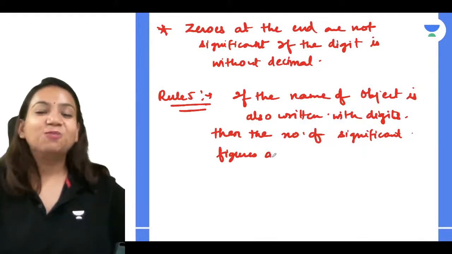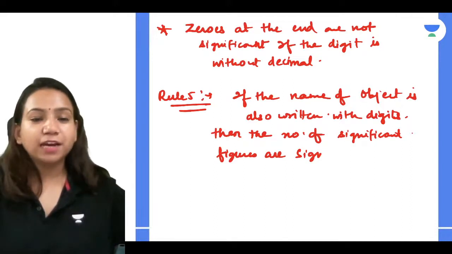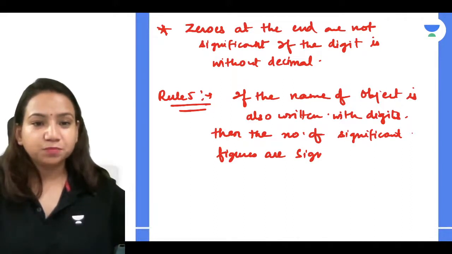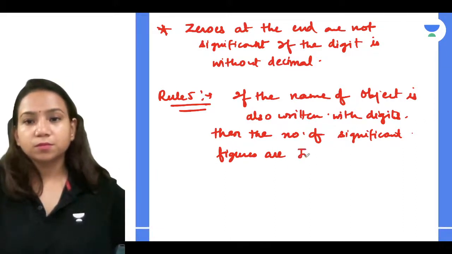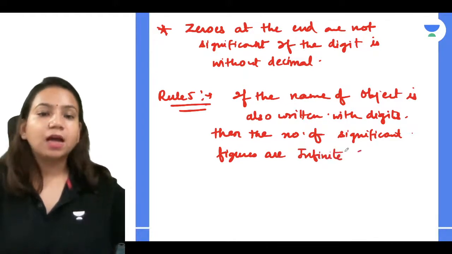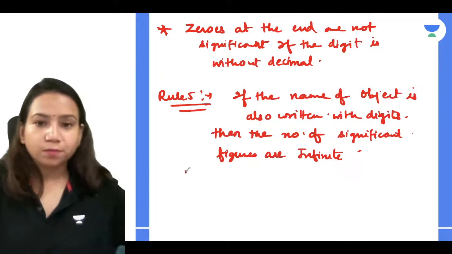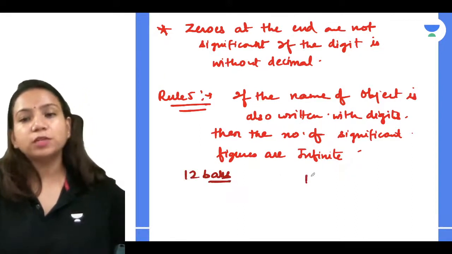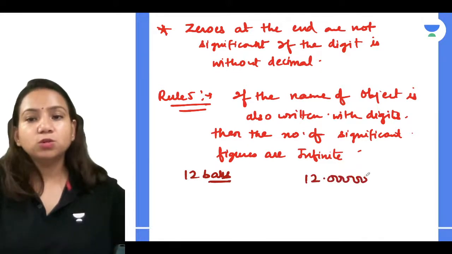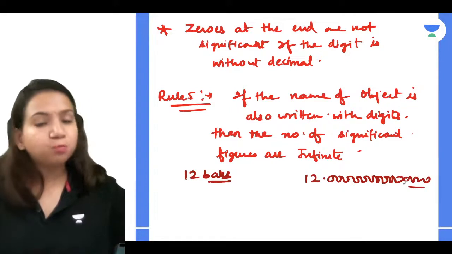Why crazy? Because you can relate that the number of significant figures is infinite. Let's just understand that. How can you relate with it? It's very simple. Suppose I'm writing 12 balls. When you have objectified it, for that you can put any zeros which don't mean anything, and you can put n number of zeros and keep on putting the zeros.